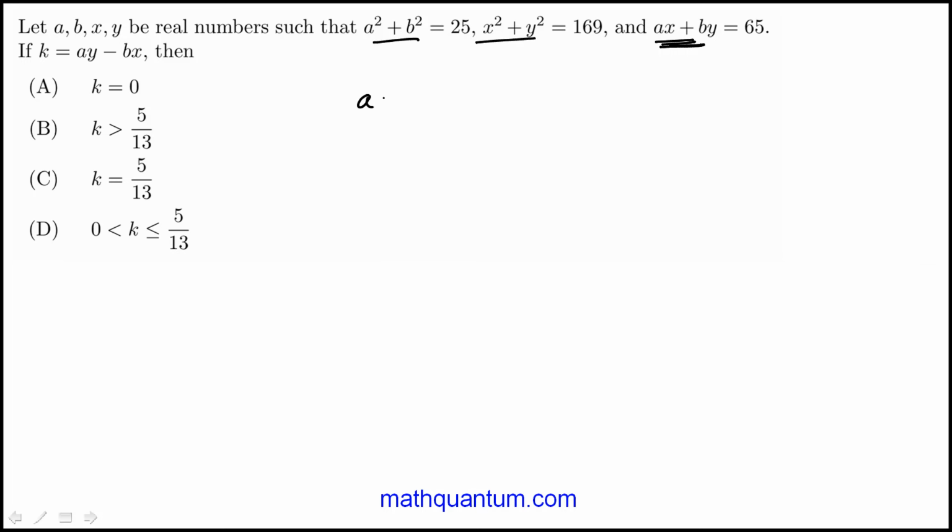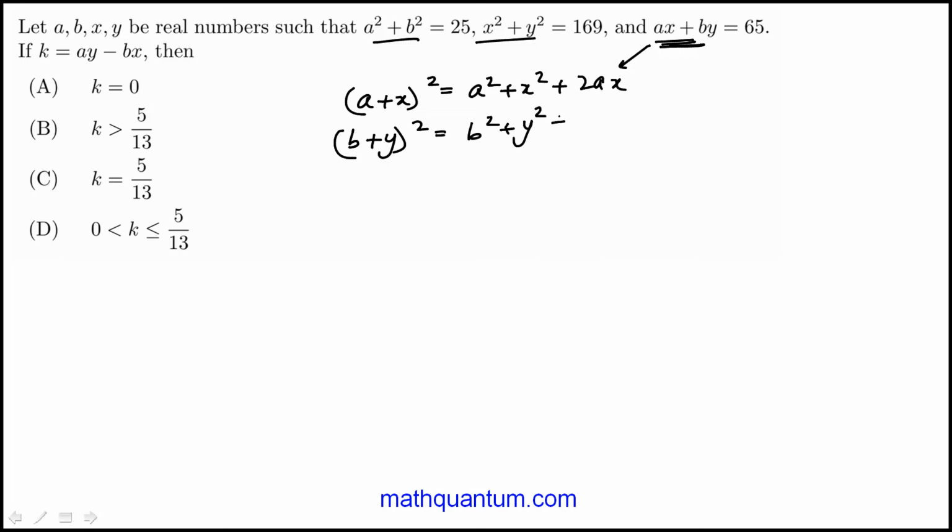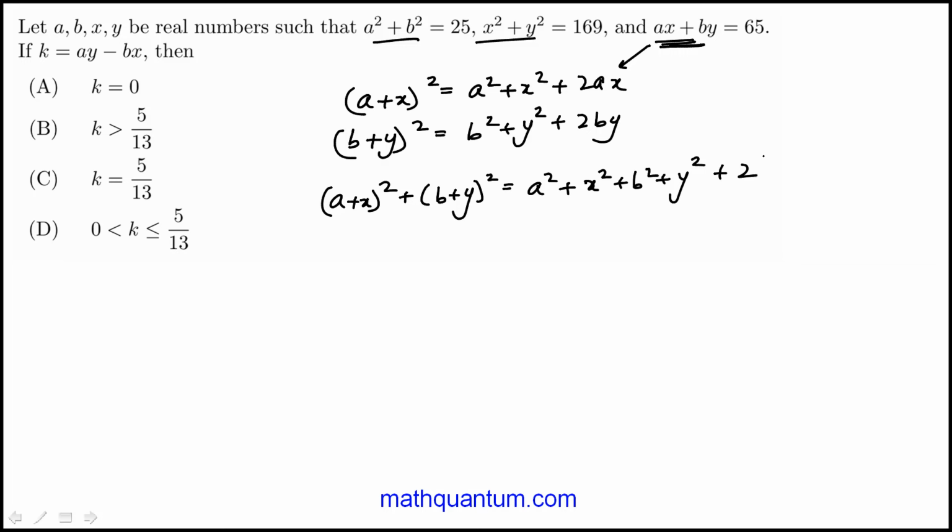So for example, a plus x squared, I knew would give me a squared plus x squared plus 2ax. So I wanted to bring that in here, and then same with b plus y squared plus 2by, and then if I add them, I would get a squared plus x squared plus b squared plus y squared plus 2 times ax plus by.